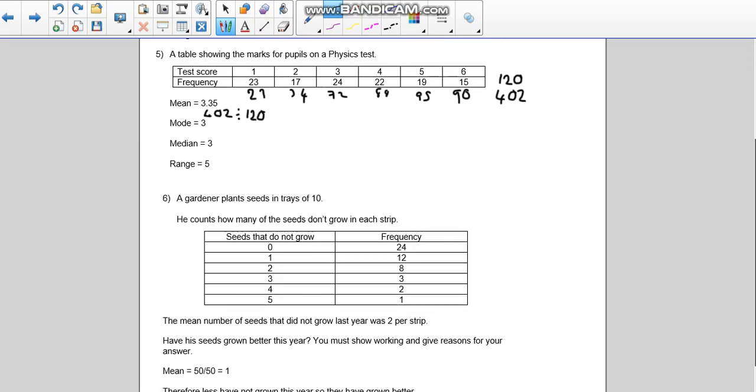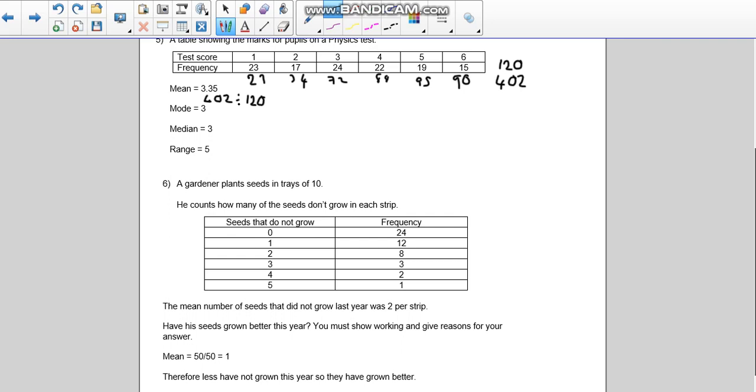Last one, we've got the gardener planting seeds in trays of 10, and these are the number of seeds that don't grow. So we'll just fill in that last column. The total number of seeds that don't grow is 50, and the total number of strips was 50.